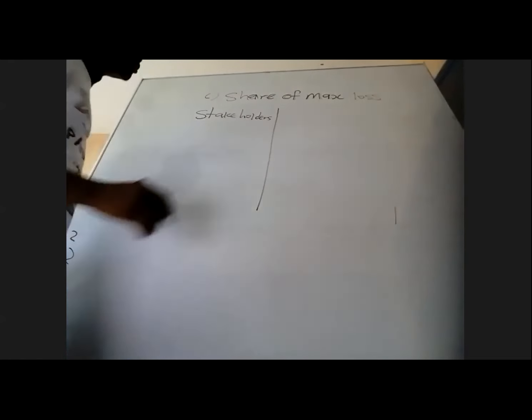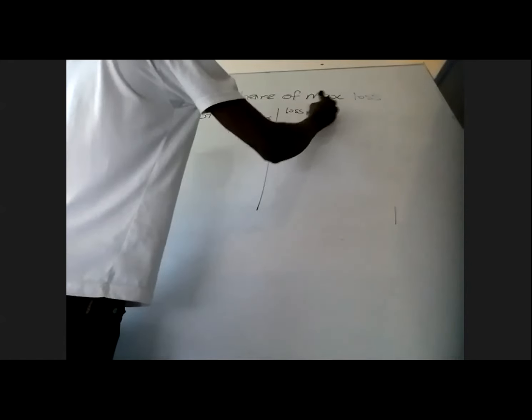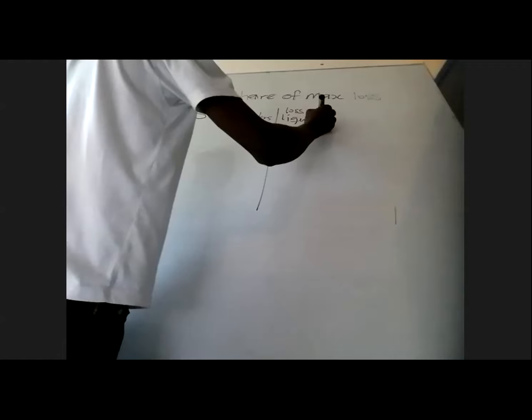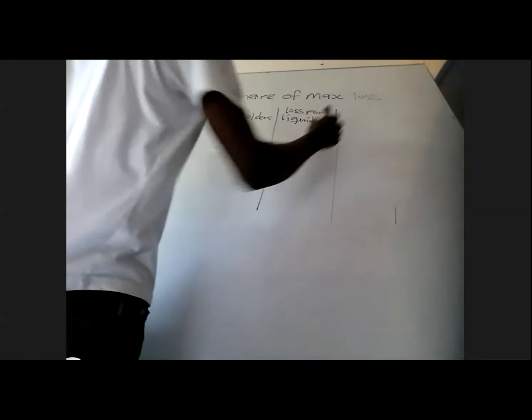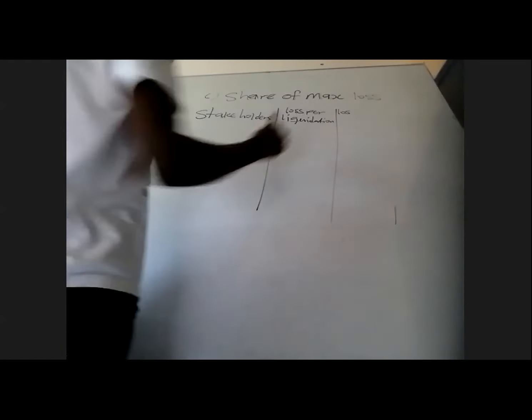Then we are going to have loss per liquidation. And then loss per reconstruction or share of maximum loss.